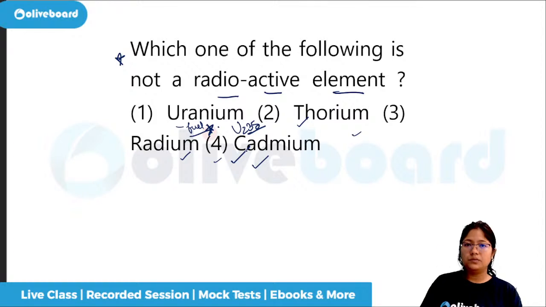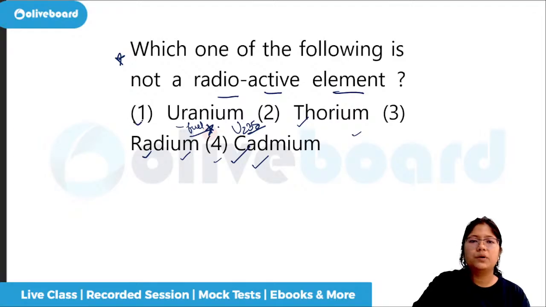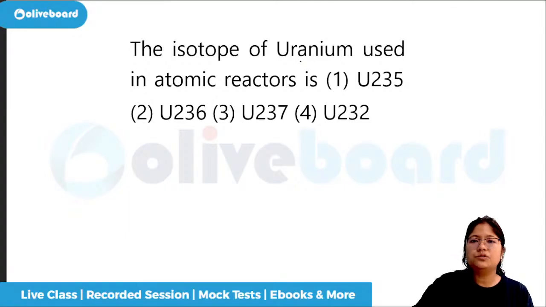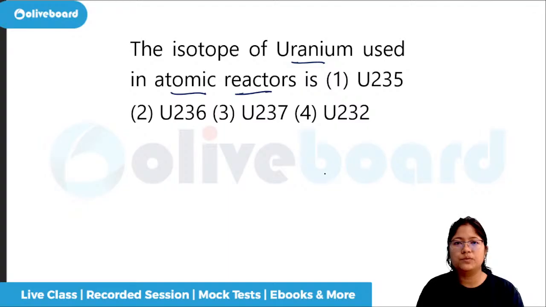Remember, Marie Curie died because of this, right? Because these are radioactive materials. What about uranium? Uranium is not a radioactive element. All right. Next question. The isotope of uranium used in atomic reactors, multiple times we have discussed. Which isotope is used? Uranium-235 is used.